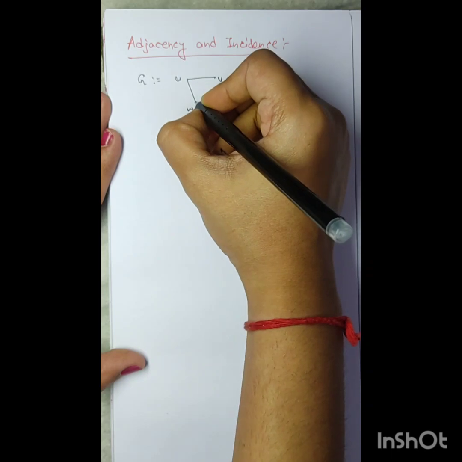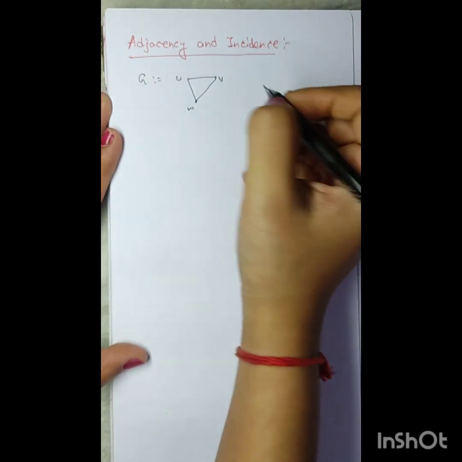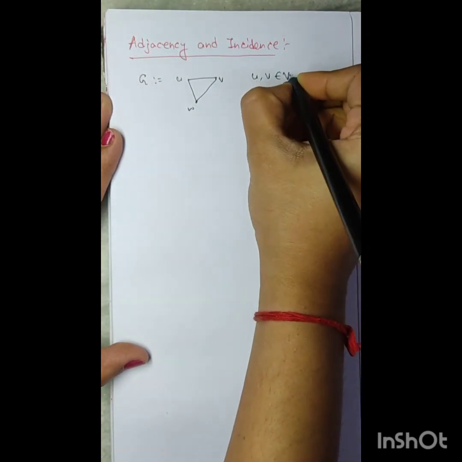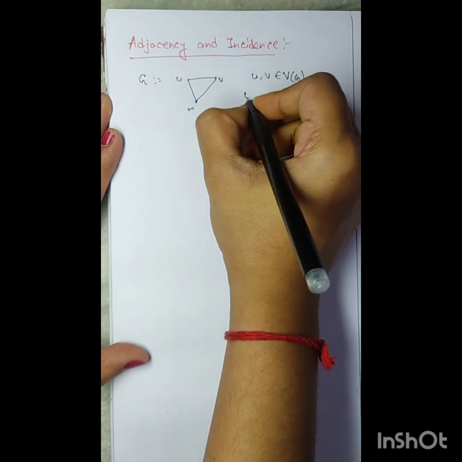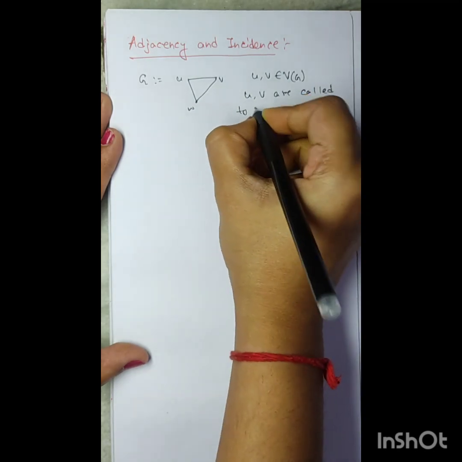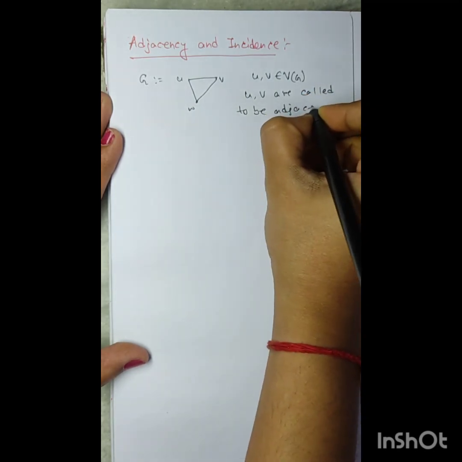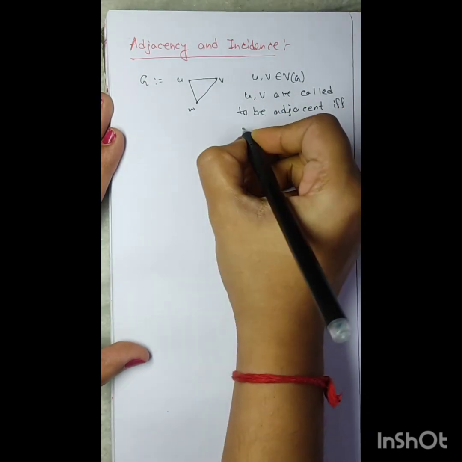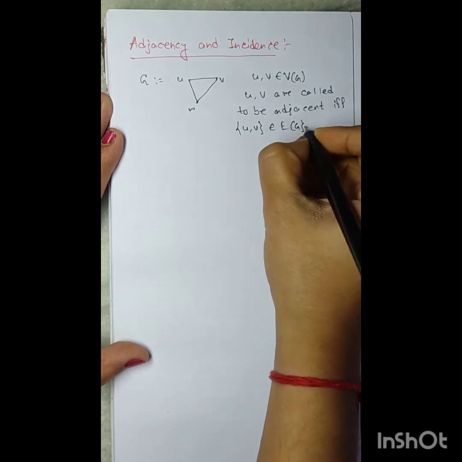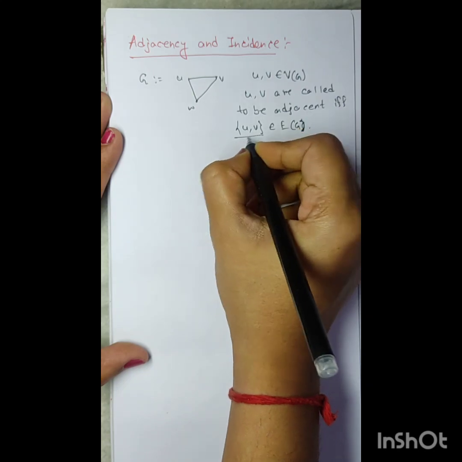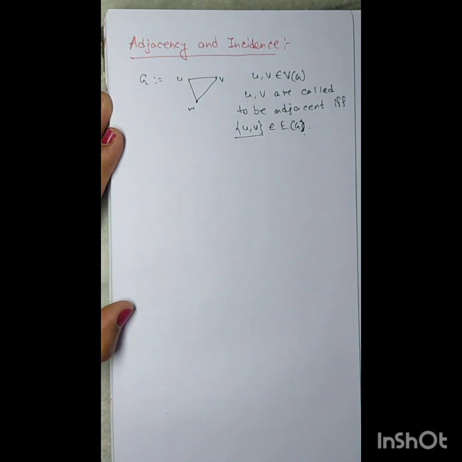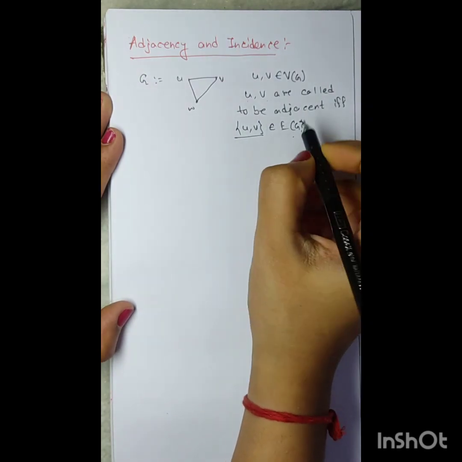Two vertices u and v belonging to the vertex set of G are said to be adjacent if and only if the edge {u, v} belongs to the edge set of G. If this two-subset is in the edge set of G, then we say u and v are adjacent.